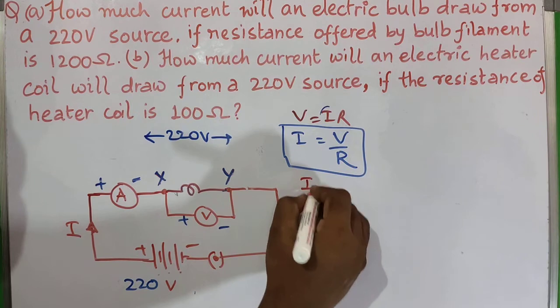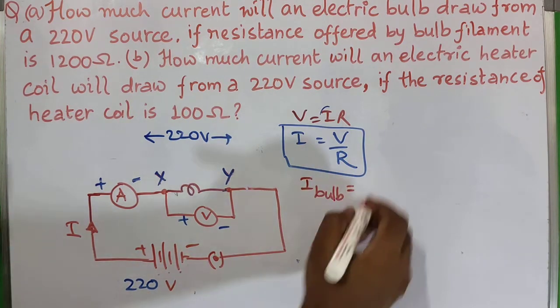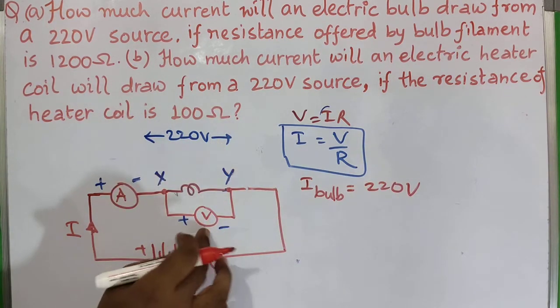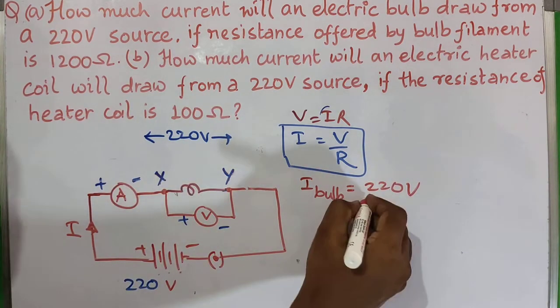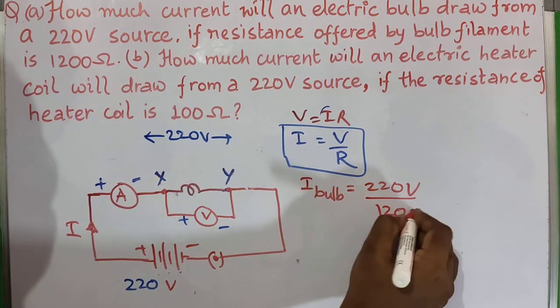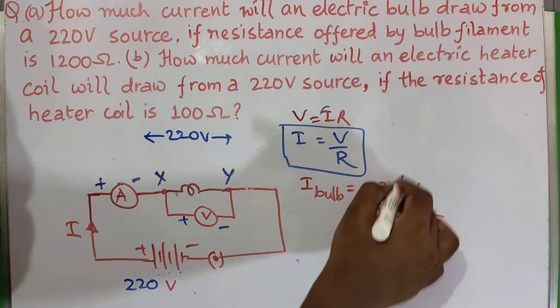The current across the bulb is equal to voltage, how much? 220 volt potential difference, I'll get this from here, divided by the resistance of this. How much is the resistance? 1200 ohms.